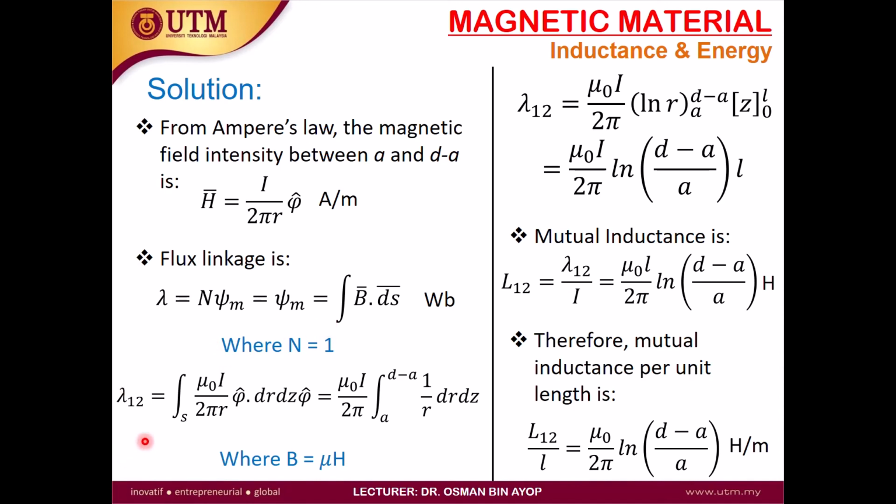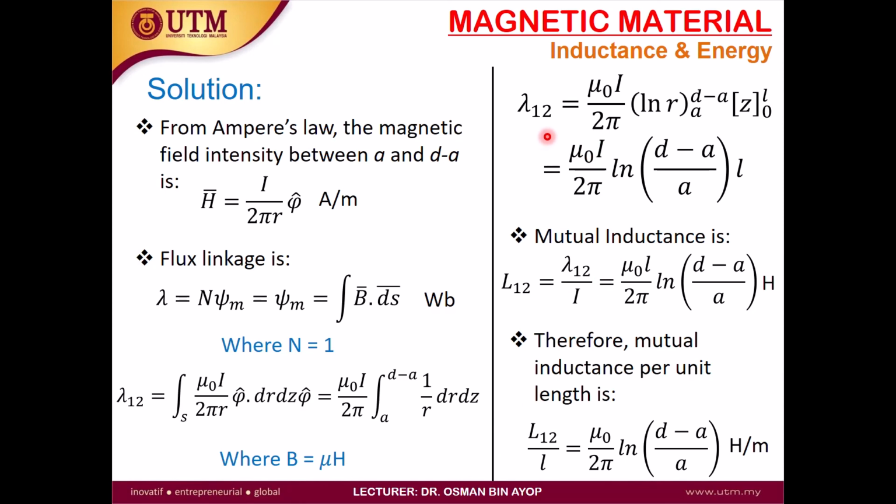So the linkage flux lambda 12 is equal to the integration of B, which is mu naught I divided by 2 pi R in the direction of phi, dot dr dz in the direction of phi, equal to mu naught I divided by 2 pi. The limit of R is from A to d minus A, and then we have a limit for z. I forgot to put it here; it's basically from 0 to l, where B equals mu H.